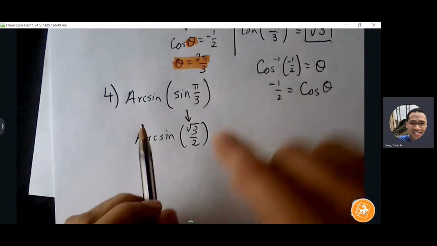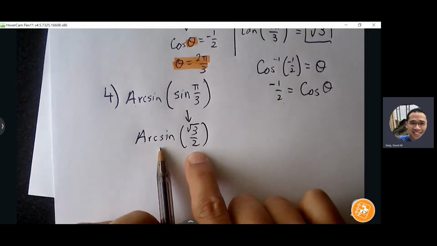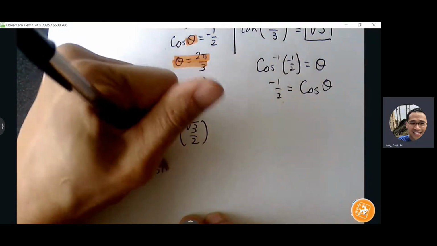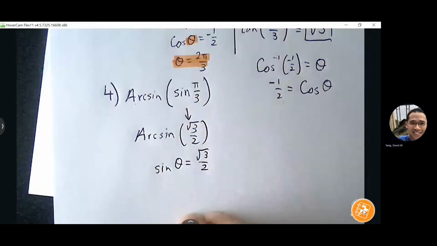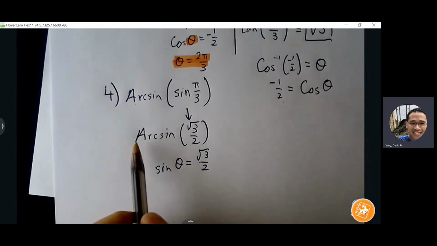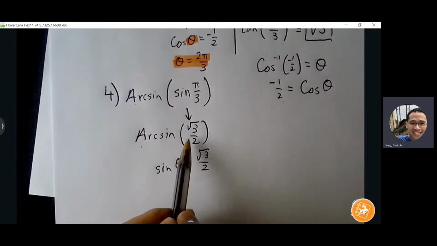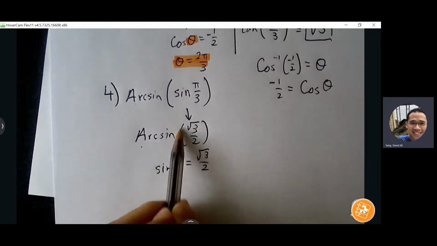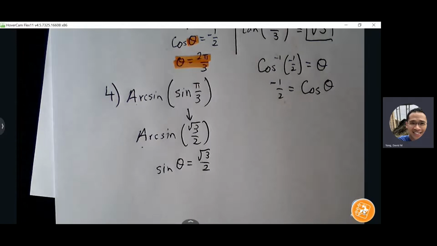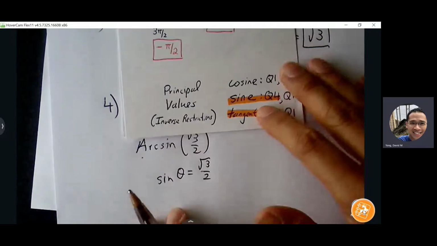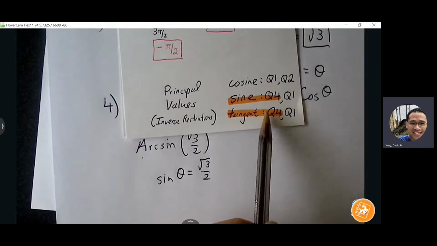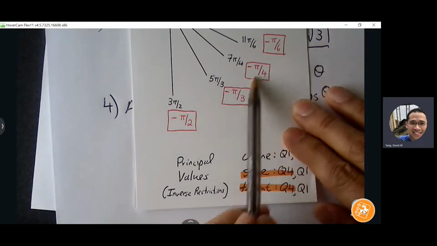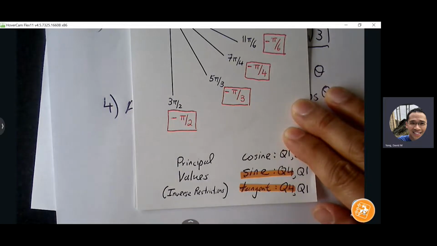So now we're looking for the radian measure, right? This is another way of saying, sine of what angle measure or what radian measure is equal to root 3 over 2. Uppercase A, but it's positive. So if anything is positive, we only have to worry about the first quadrant, right? It's only with negatives and uppercase S, uppercase T that we got to make some adjustments with these negative values.